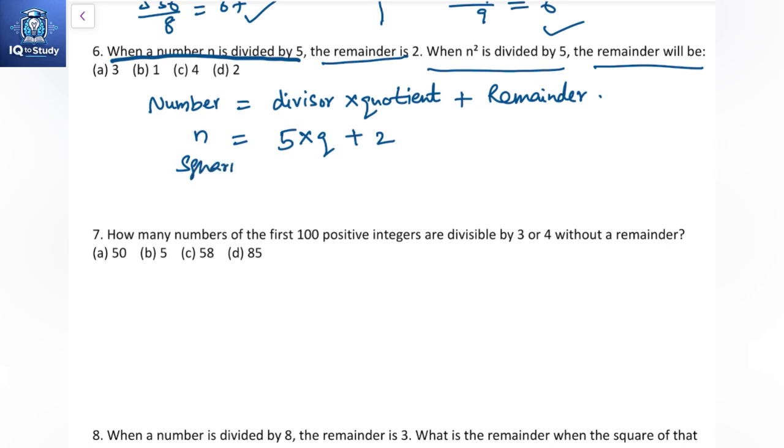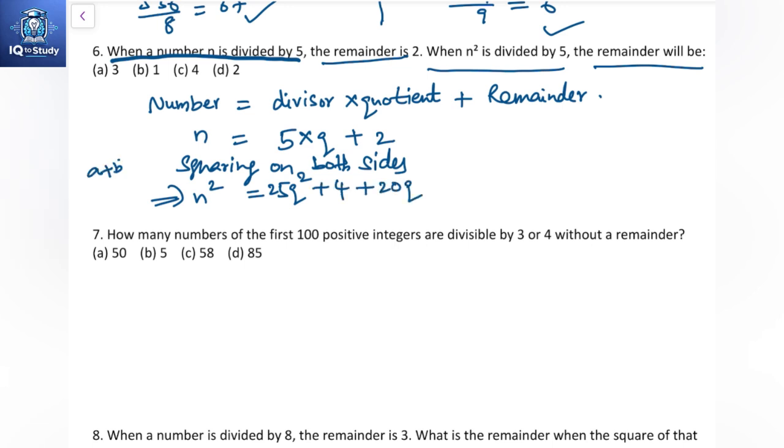Squaring on both sides. That implies n square is equal to 25q square plus 4 plus 20q, a plus b whole square.